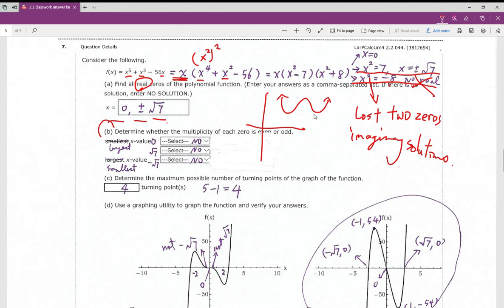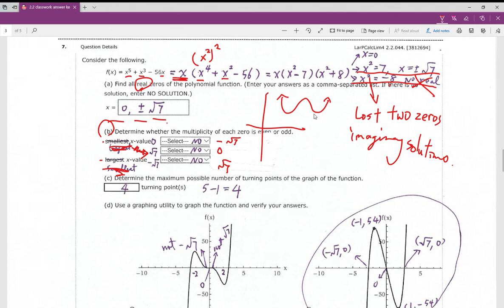Now be careful, part 8. You want to enter your smallest number here, largest number there. I kind of didn't put it in the right position, okay? So I put my largest number here. If you try to follow the homework section, you want to say the smallest one is -√7, and the largest one is √7, and 0 is not the biggest, not the smallest.